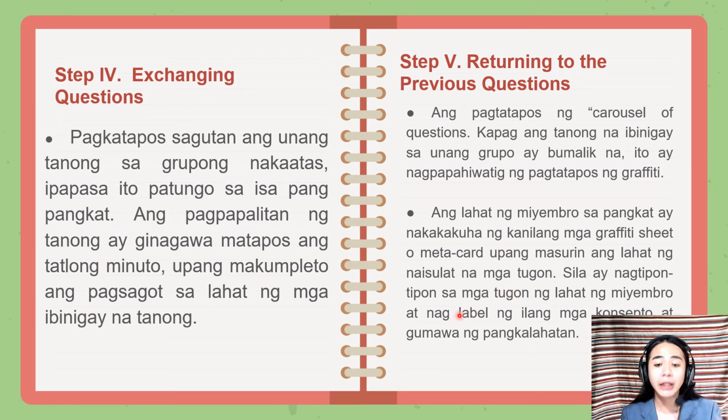Sila ay nagtipon-tipon sa mga tugon ng lahat ng miyembro at nag-label ng ilang mga konsepto at gumawa ng pangkalahatan or generalization. Okay? Dito na nila ginagawa ang lahat ng mga generalization kung saan ibabase nila sa mga sagot na nakuha nila base sa mga questions na napunta sa kanila.